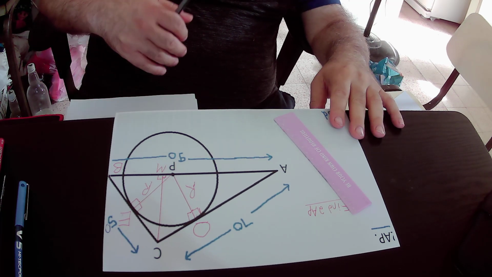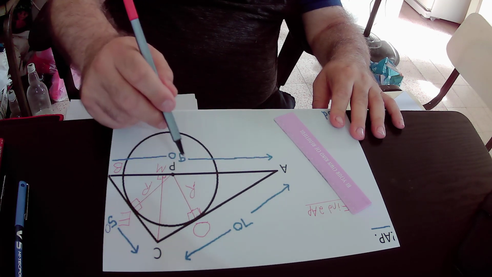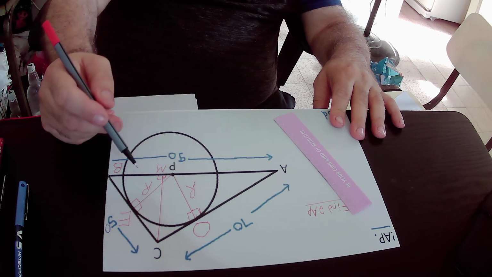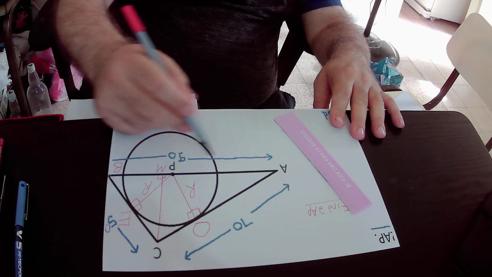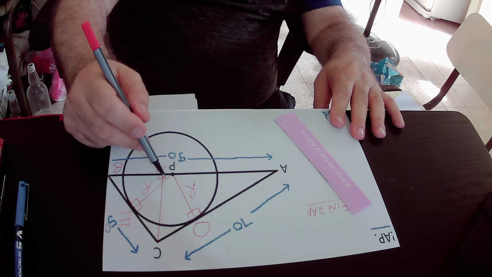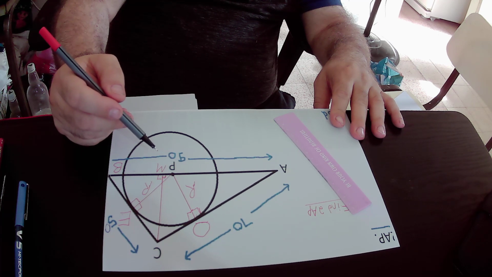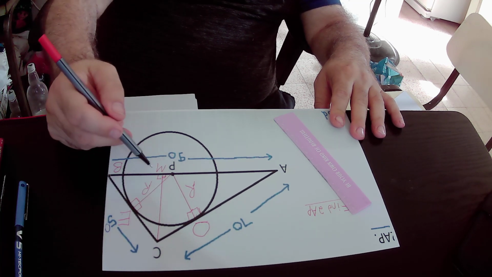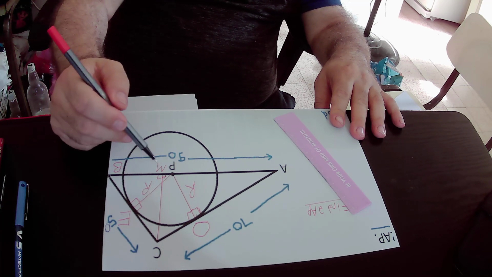The first right triangle is triangle AOP, because this angle is 90 degrees. The second right triangle is triangle ACM, because this angle is 90 degrees. The third is triangle CMB, a right triangle because angle CMB is 90 degrees.